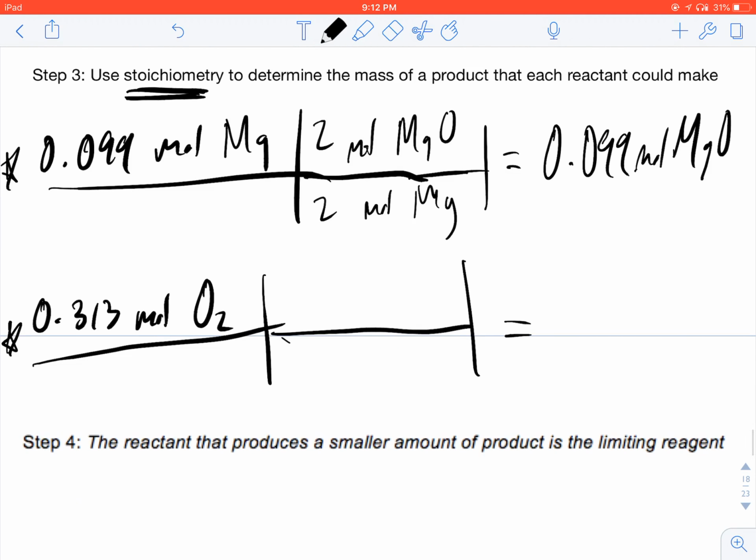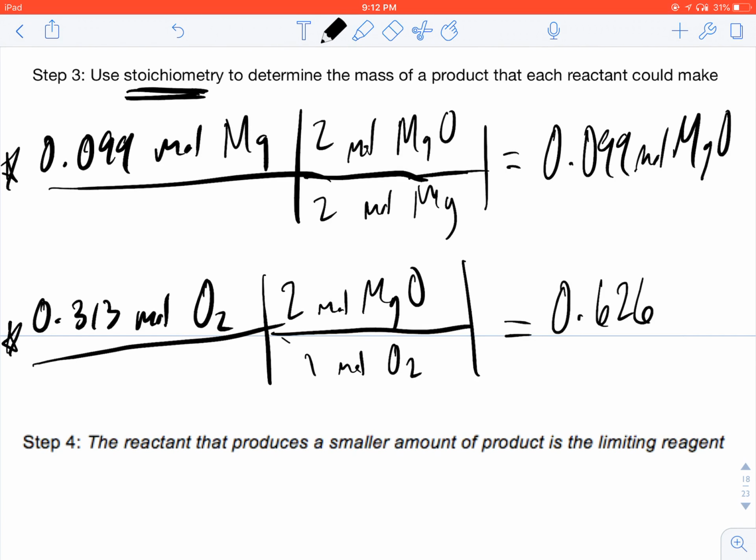Alrighty, and this says 2 moles MgO, 1 mole O2, and I might be able to do this in my head also. 0.626 moles of O2. Oh, not O2. Just kidding. MgO.